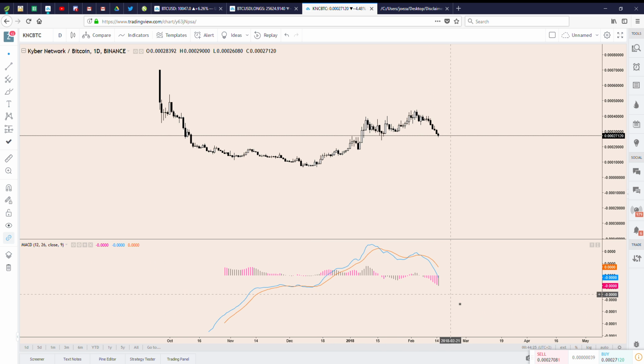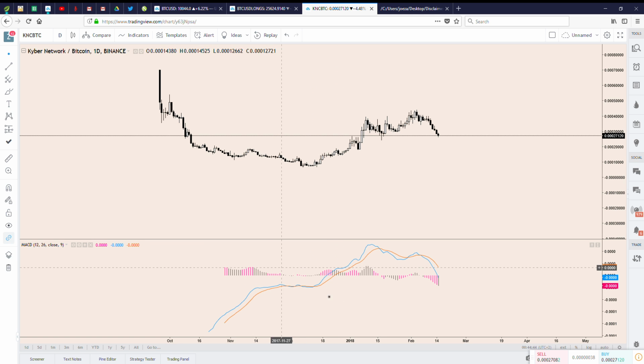So it's heading on its way down. We would rather try to find coins that have already crossed quite a lot further, and are going through this pattern. That's what I'm looking for.